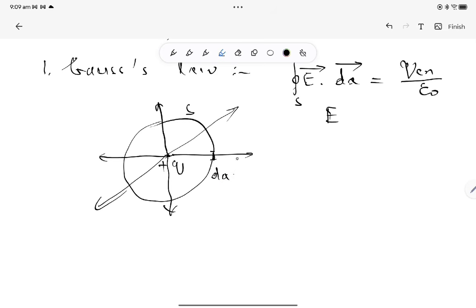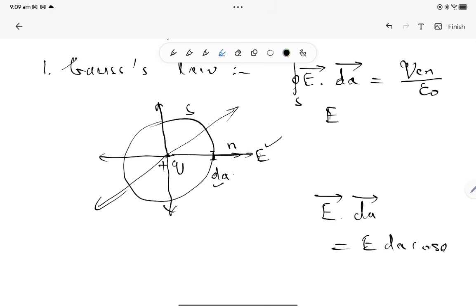What is the orientation of this area? This is the orientation, denoted by its outward normal. And this is electric field. And when you calculate the dot product between electric field and dA, you will get E dot dA equal to E dA cos 0 degree.